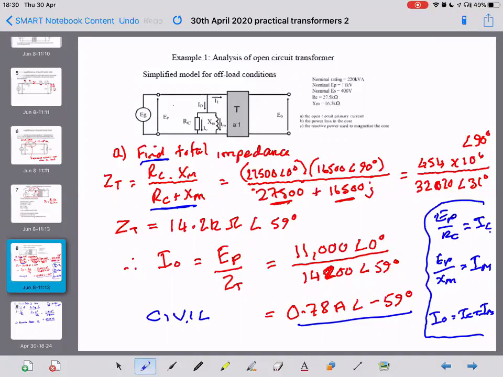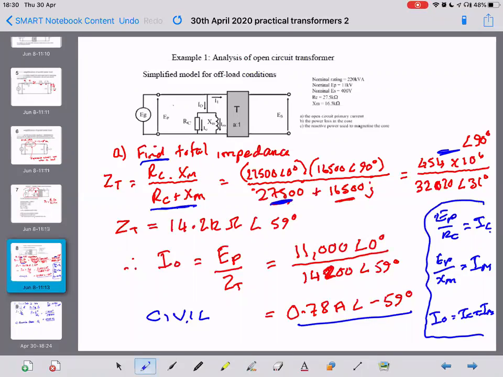Taking the numerator, it's 27,500 ohms for the resistor, with an angle of 0, and then the 16,500 ohms of XM, and because it's an inductor, angle of 90 degrees. Multiplying those two complex polar numbers, you get 454 times 10 to the 6 at an angle of 90 degrees.